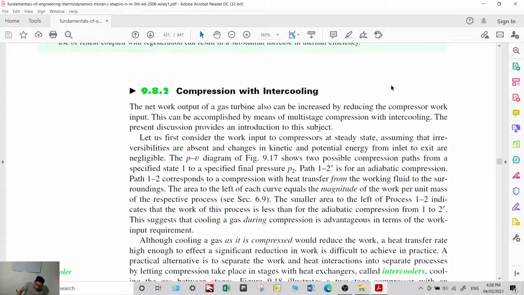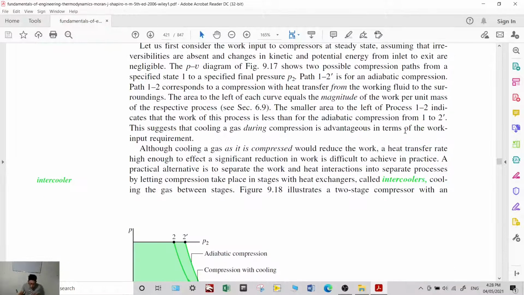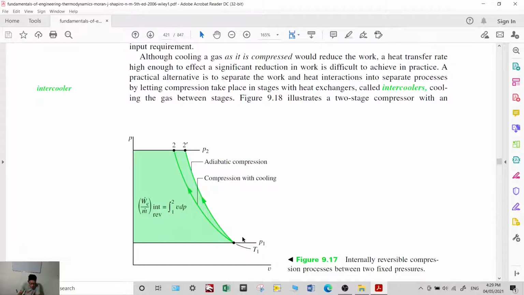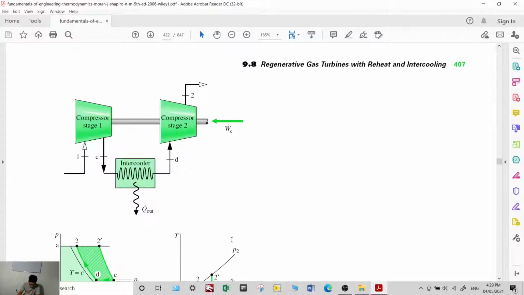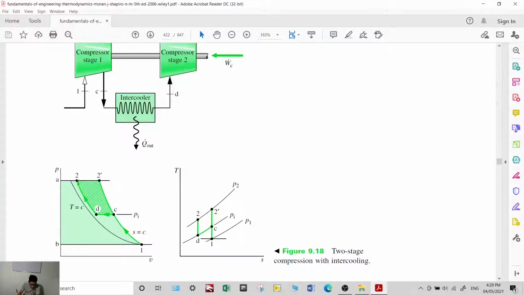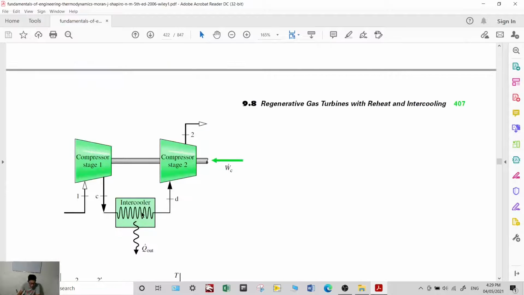Okay, compression with intercooling. What is intercooling? Intercoolers are just heat exchangers. So instead of single stage compression, you now do multi-stage.